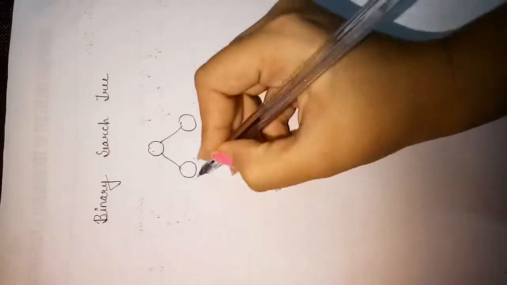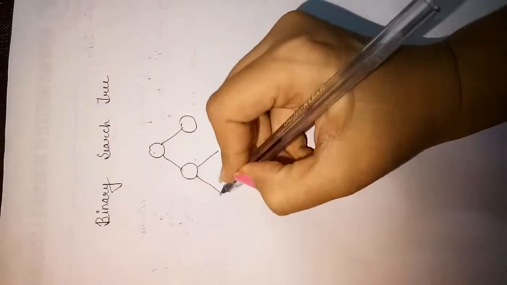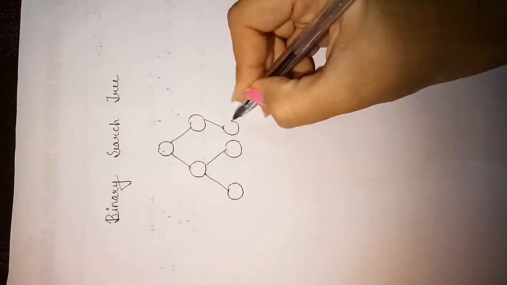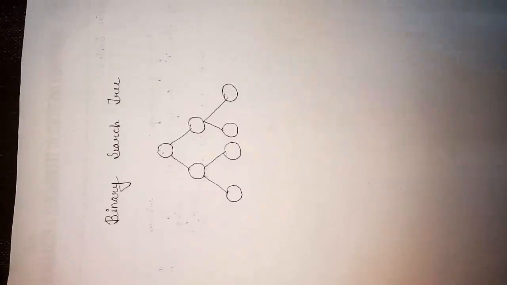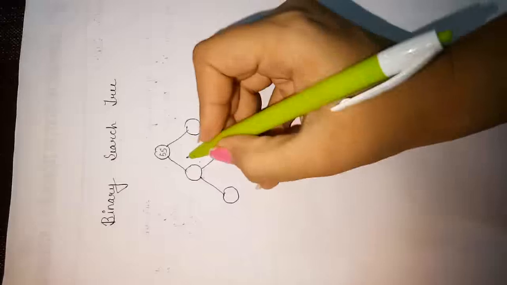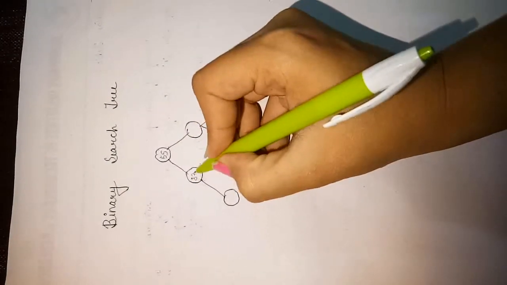We are taking an example of a binary search tree. What do we mean by the word binary? Binary means every parent node has two child nodes.